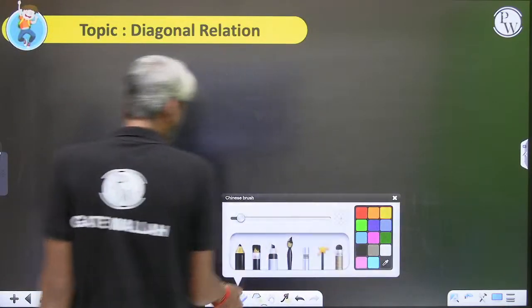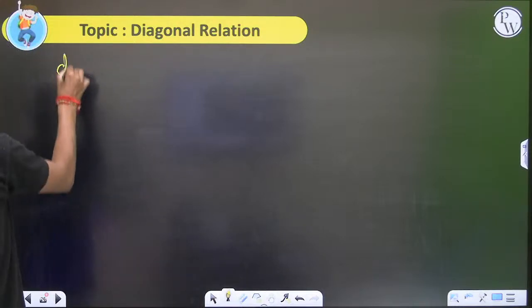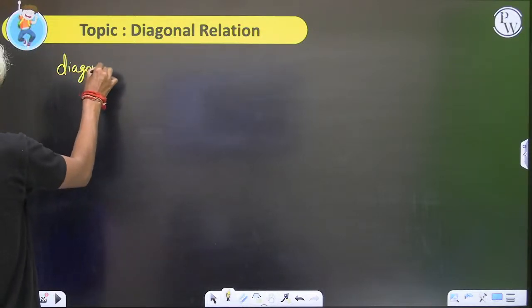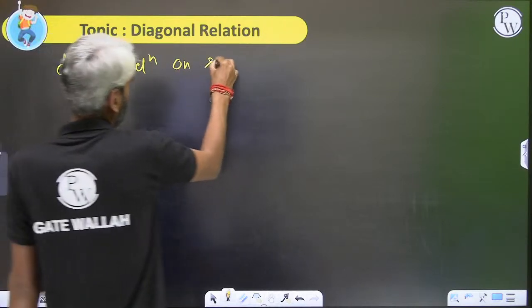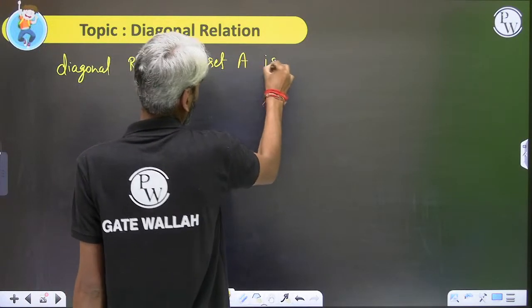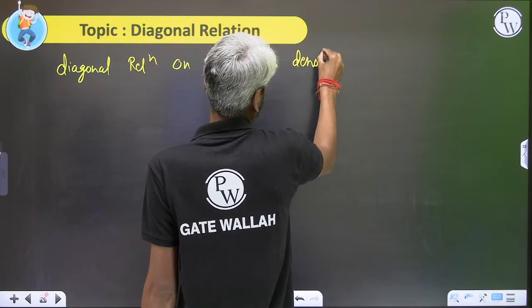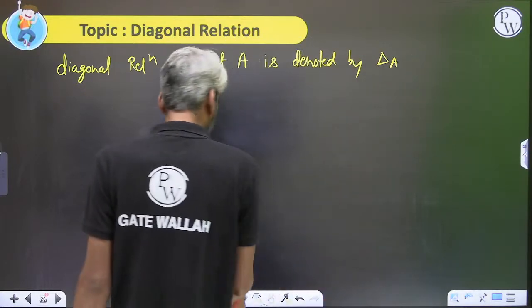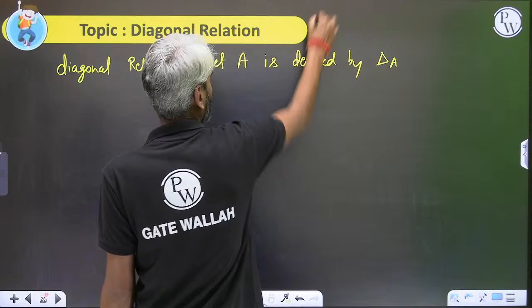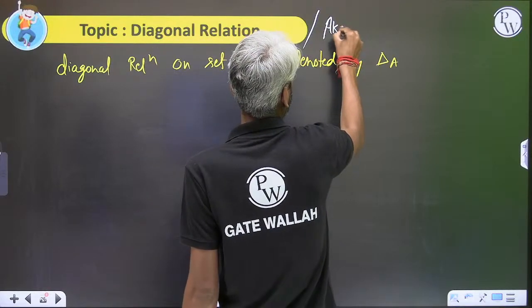The diagonal relation on set A, how do we denote this? Diagonal relation on set A is denoted by delta A. It is also known as the identity relation.